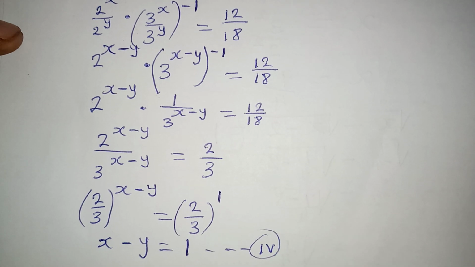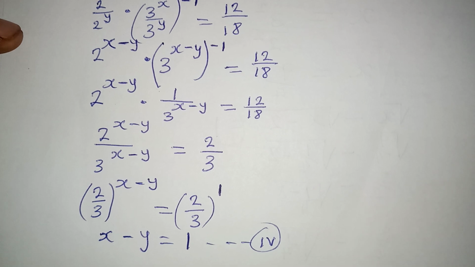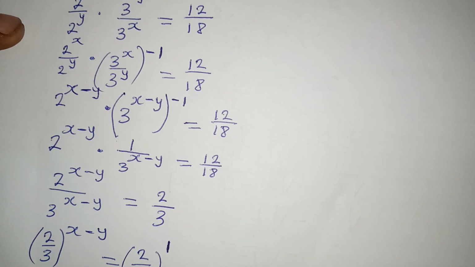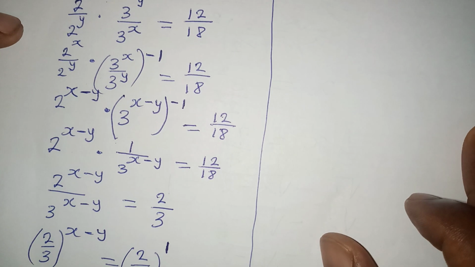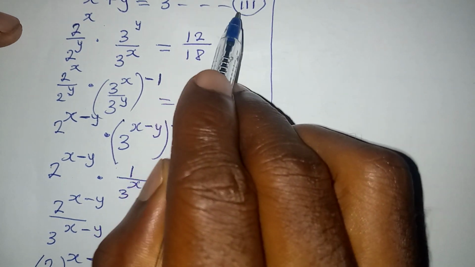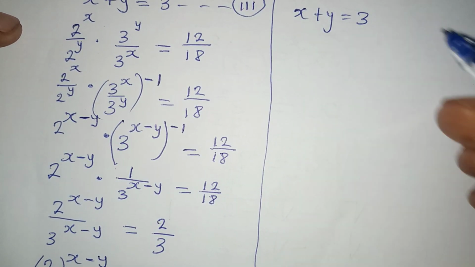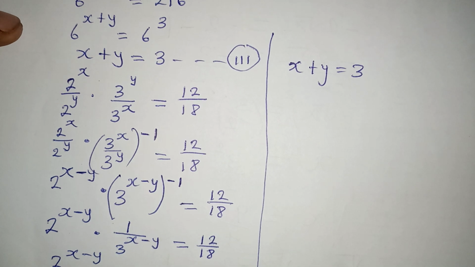Now we are going to combine equation 3 and equation 4 to get the value of x and y. So let's get started. Our equation 3 is x plus y equals 3. This is what we got before.